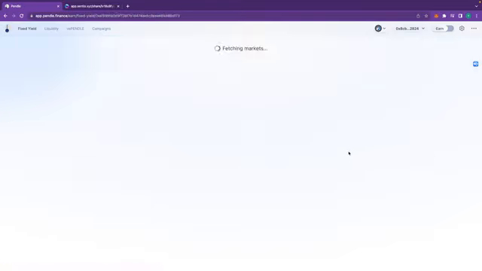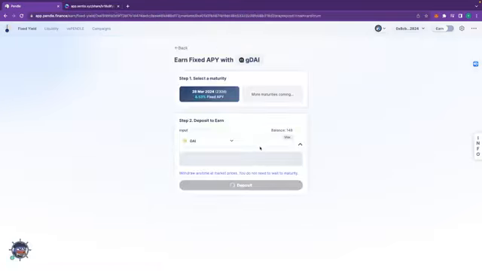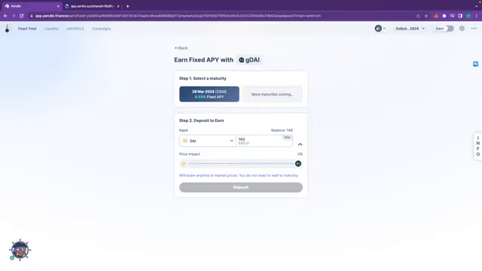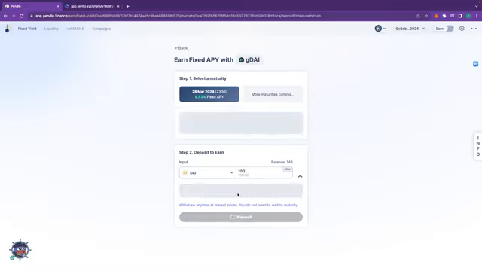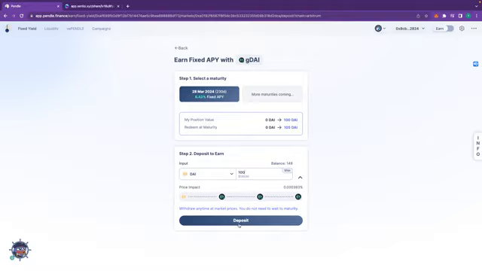And I can directly say, put in say 100 DAI, and I will get roughly 5.4 DAI of fixed yield in 230 days, which translates into 8.4% fixed APY.